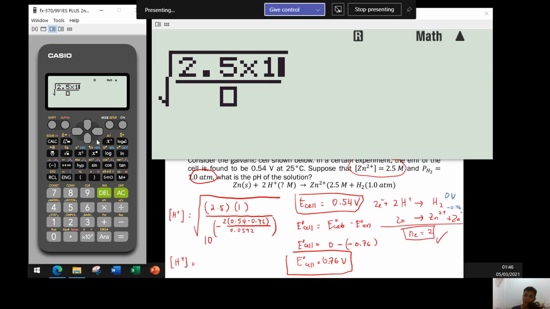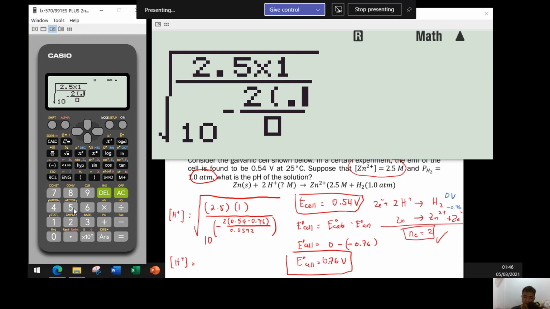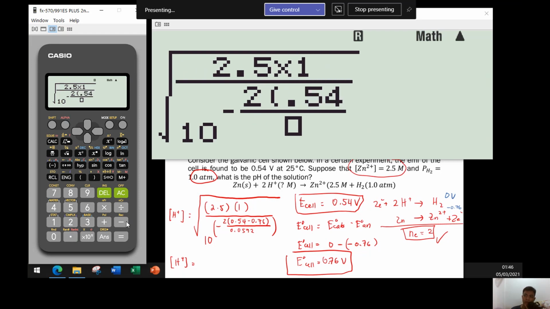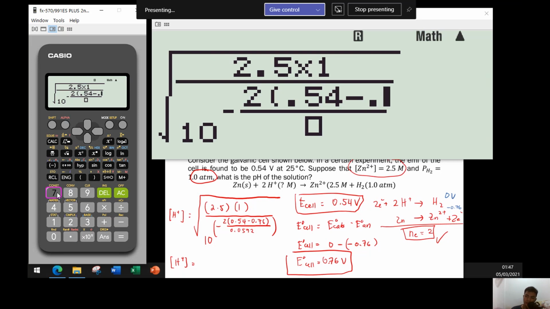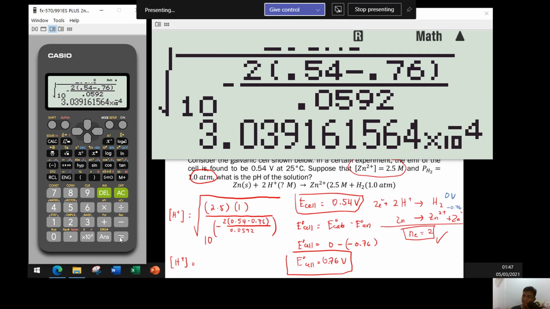So this is 2.5 times 1 divided by 10 raised to, with a negative sign in front, 2 times the E cell, which is 0.54 according to the problem, minus the E naught cell, which we calculated as 0.76, over 0.0592. So this is the concentration of H plus. It's 3.04 times 10 raised to negative 4 molar.